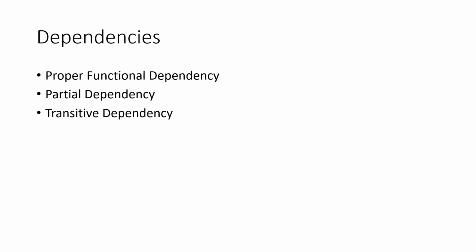So now let's talk about dependencies. Dependencies are very important, especially when you start normalizing your database, both dependencies as well as determinants. You can think of a dependency as a constraint that determines the relationship between attributes in your table, and we'll see why shortly when we start doing our normalization.